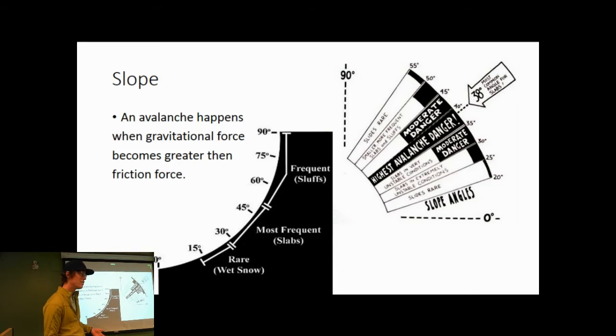It's very rare to see an avalanche on a 15 or 20 degree slope, but if it's very wet and very heavy snow, it could happen. You can't rule it out until you're at 10 degrees. So it can happen, but it's very rare.